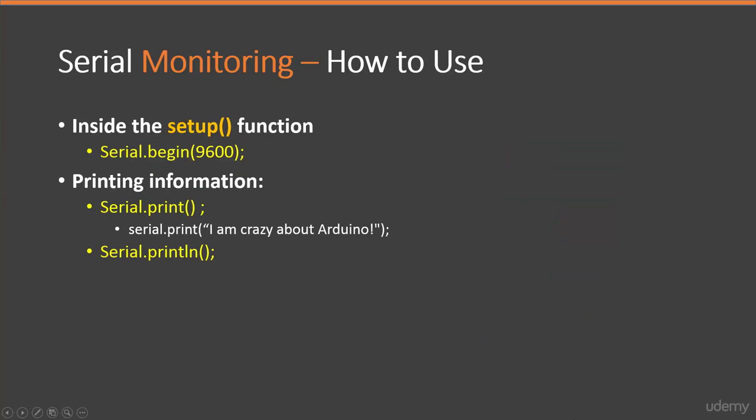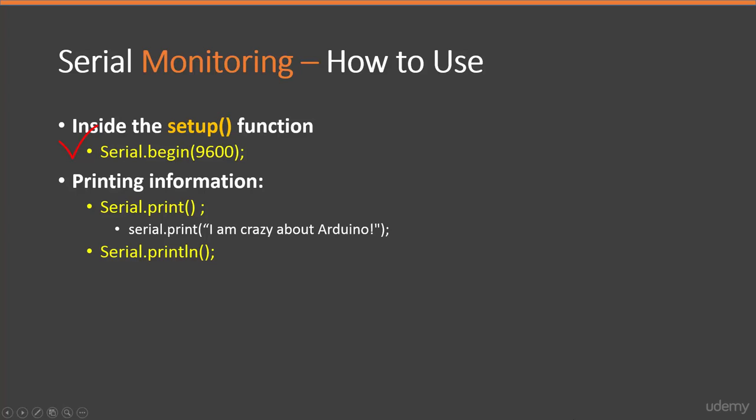Before we can use serial communication with the Arduino board, we need to first establish the communication speed between the two devices using the Serial.begin function. We will do it as part of the setup function using one line of code, what you see right now: Serial.begin and some number inside.